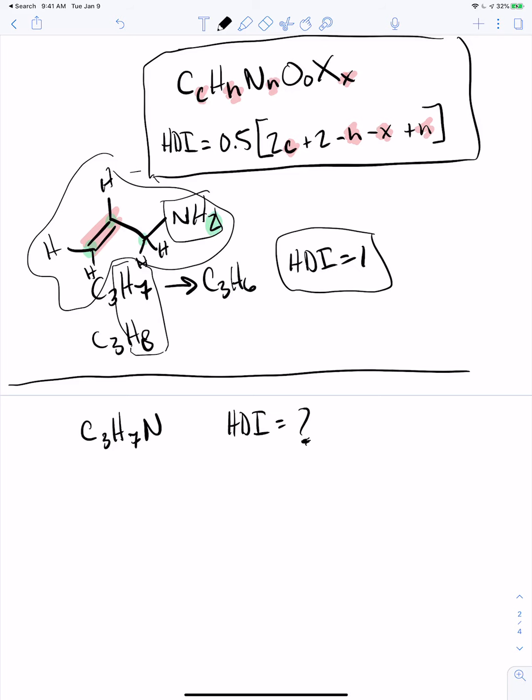Now you can't just count up the double bonds or the rings, because that's usually not how it's presented. This is just how we're learning where these things come from. You'd be forced to either use this formula or do what we just did, which is what I would probably end up doing, because I legit forget these things.